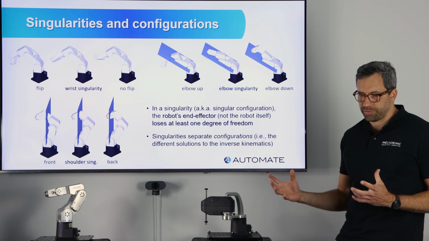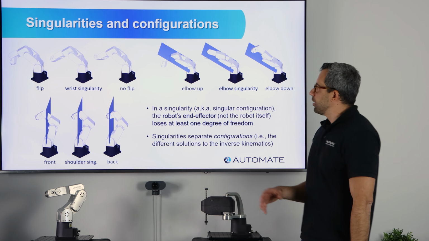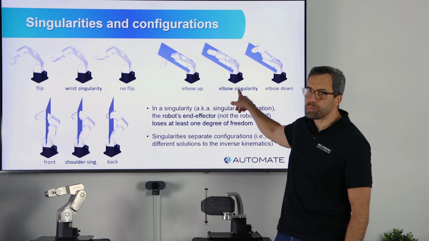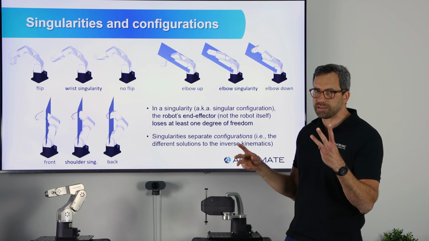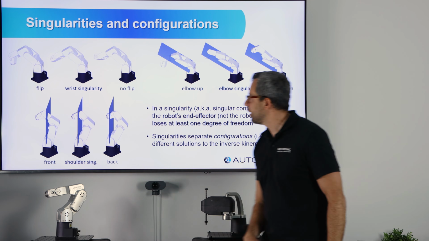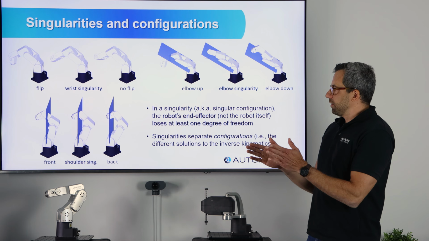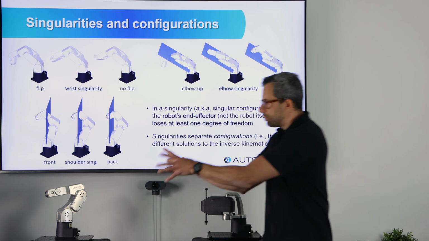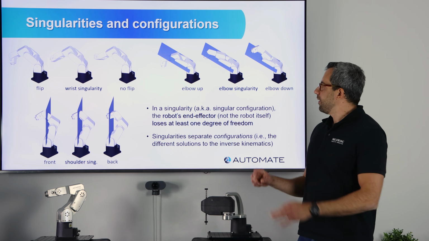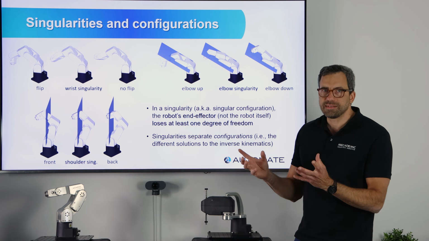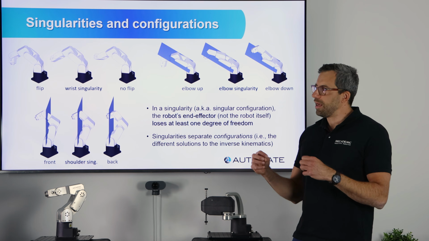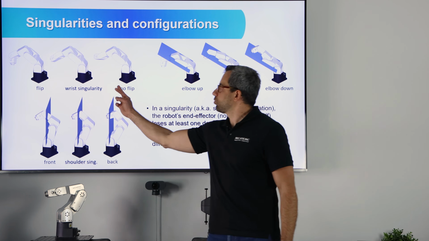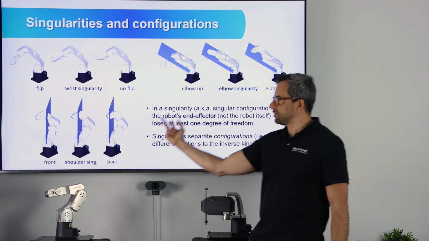So singularities and configurations, as I said, these are related. So the singularities, wrist singularity, shoulder singularity, elbow singularity, 3 types of singularity in a typical 6-axis robot. They separate what we call the configurations, which are basically in this type of robot architecture. We have 8 different solutions to the inverse kinematics, and these 8 different solutions are obtained by multiplying 2 possibilities times 2 possibilities times 2.